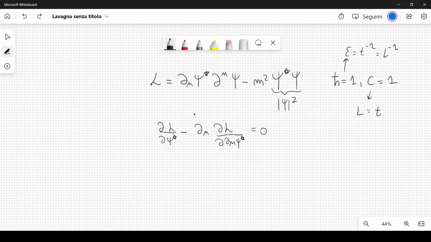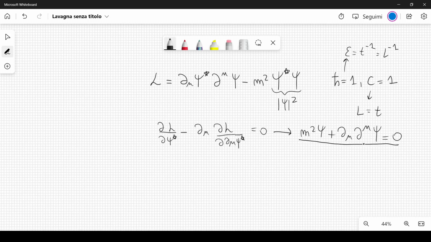As I said, you have to consider ψ and ψ* to be independent in the Lagrangian, before deriving the equations of motion. And finally, we get m² ψ plus ∂_μ ∂^μ ψ equal to 0.